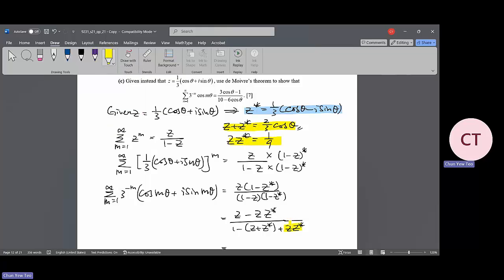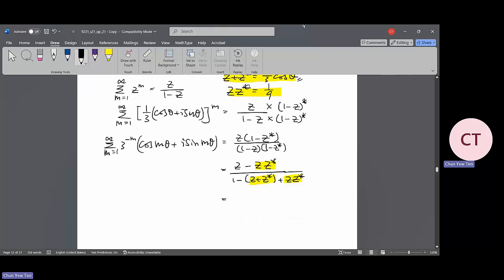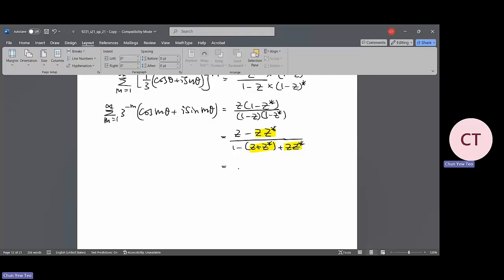So we are going to apply these results over here. Then you will get z as 1 over 3 cos theta plus i sine theta minus 1 over 9, divided by 1 minus 2 over 3 cos theta plus 1 over 9.